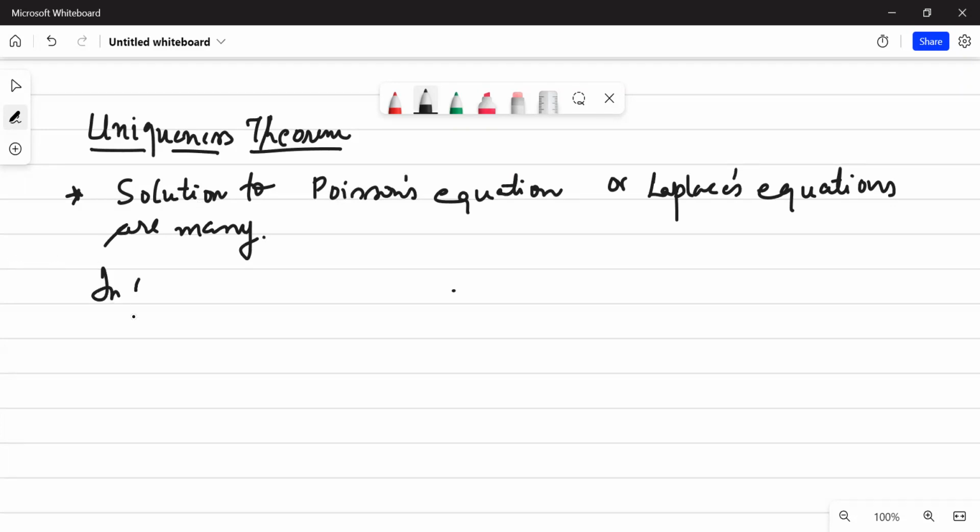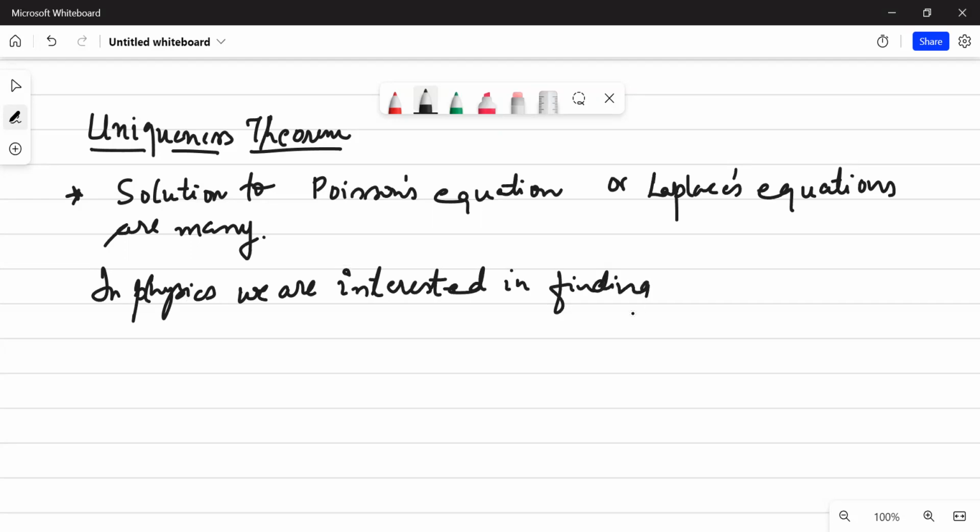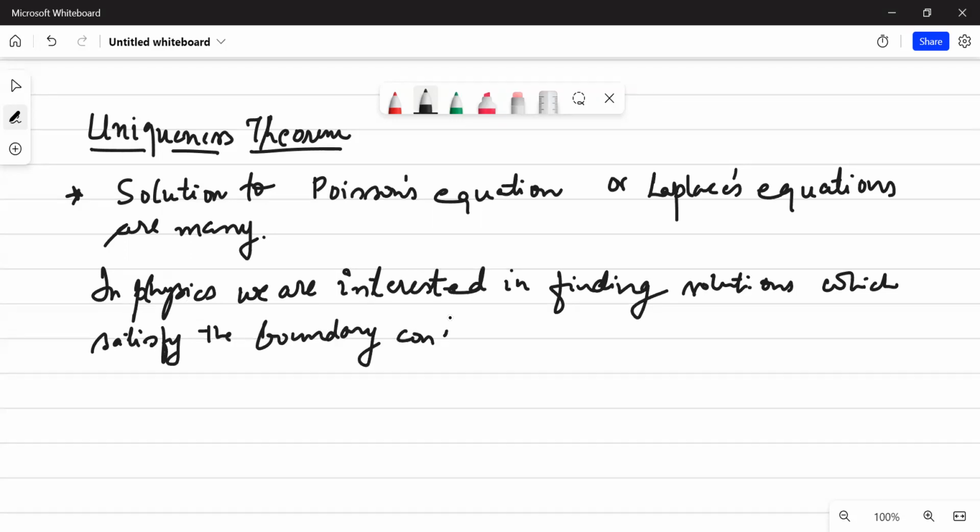So in physics, we are interested in finding solutions which satisfy the boundary conditions.